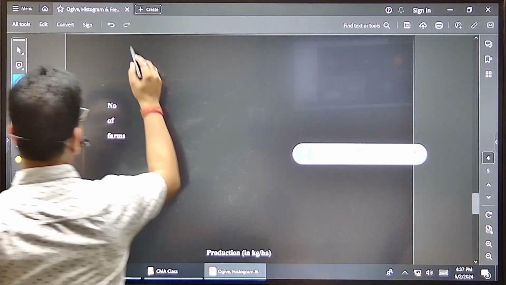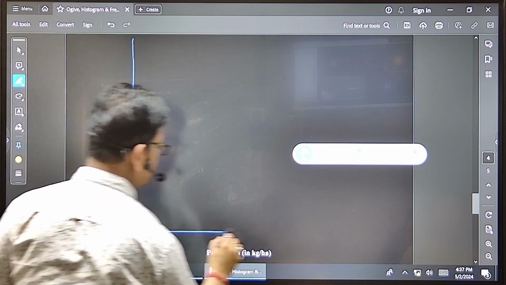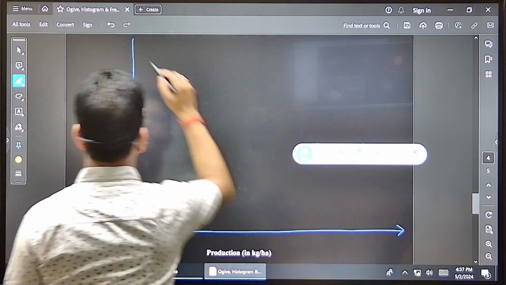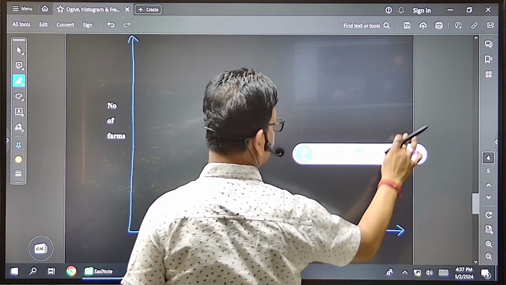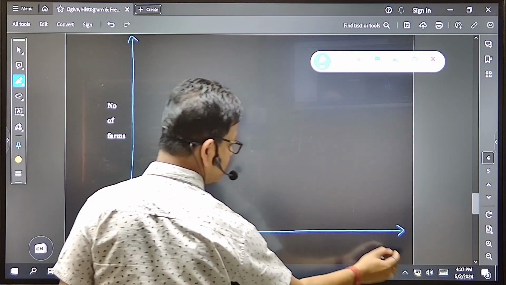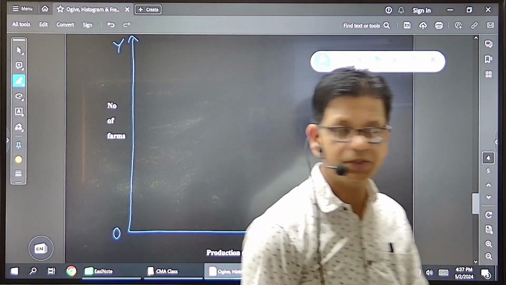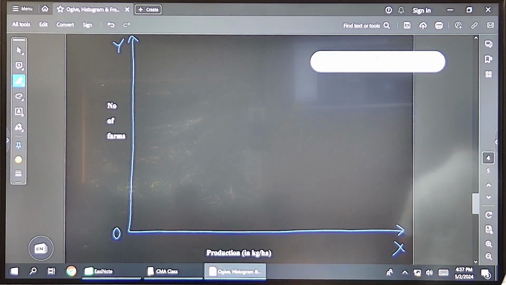Now to draw the ogive, as you know, it goes like vertical and horizontal axis, right? Here, this is your x-axis, this is your y-axis. The concept is main, construction is not that important, because construction doesn't come, yes or no?